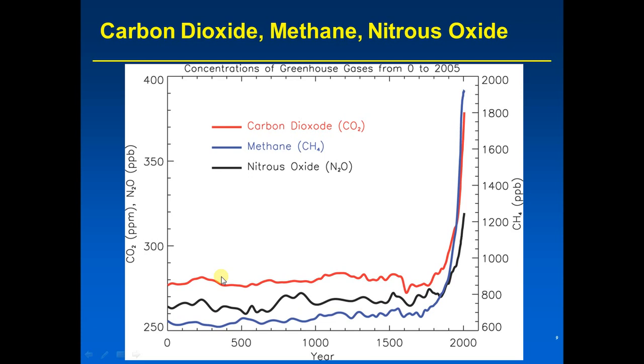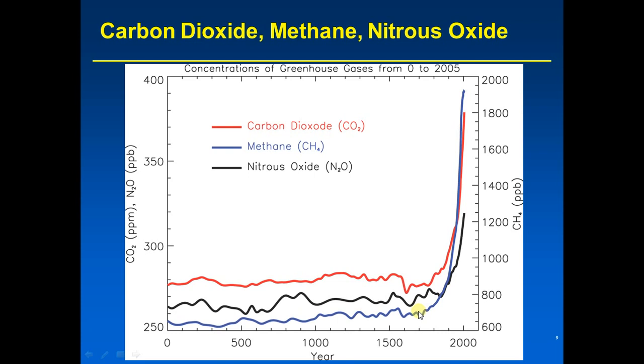All the way from 0 into 1700, okay, even into 1800, around the beginning of the first industrial revolution. Methane concentrations slowly began increasing from around 650 parts per billion, which is 0.65 parts per million, to 700 parts per billion.